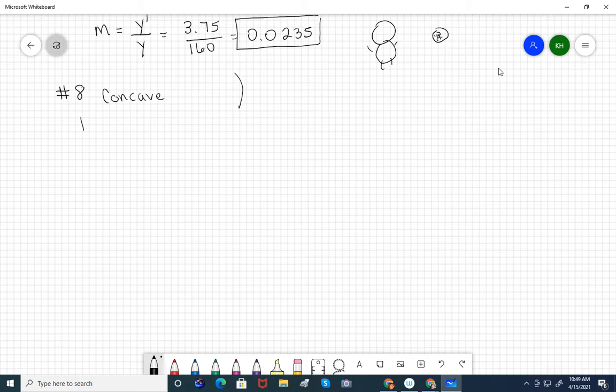The radius of curvature is 34 centimeters, which tells me the focal length is a positive 17 centimeters. I know it's positive because it's concave. Question A, what is the focal length? We've already answered that: 17 centimeters.